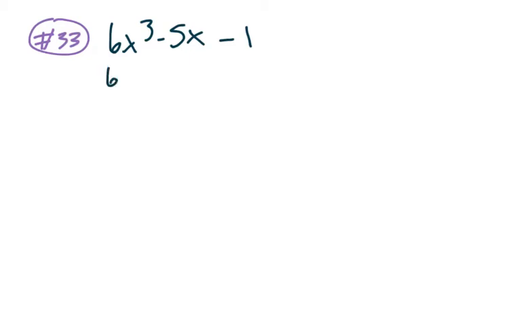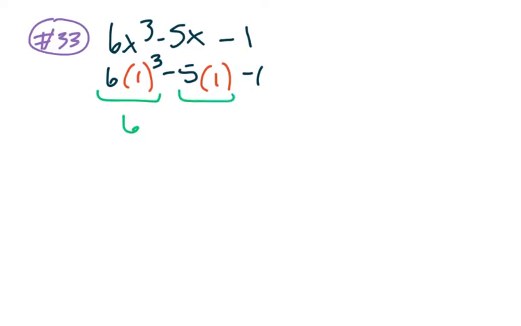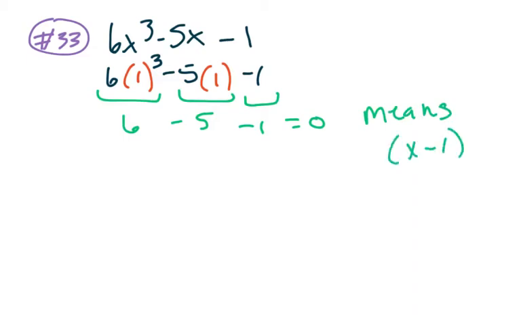If I plug in the number 1, which is one of the options, we're going to get our first set here of 6, and then -5, and then -1. So it turns out it's 0, which means that since I plugged in a 1, x minus 1 is a factor.